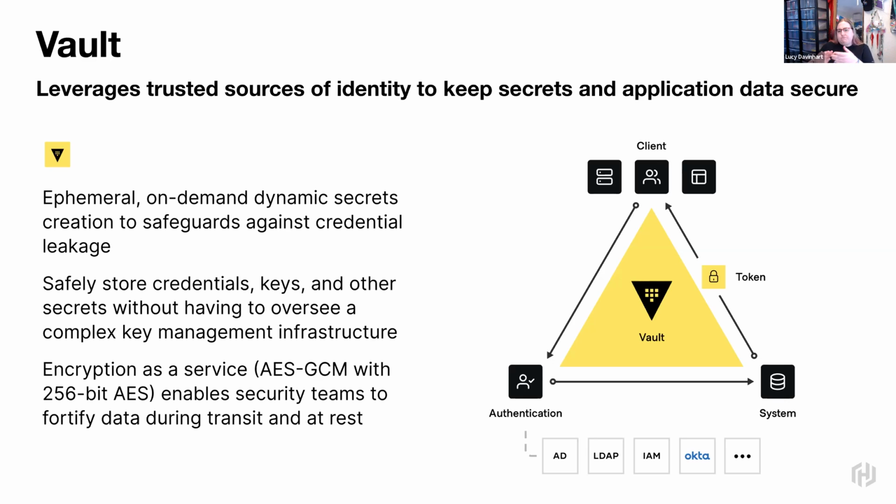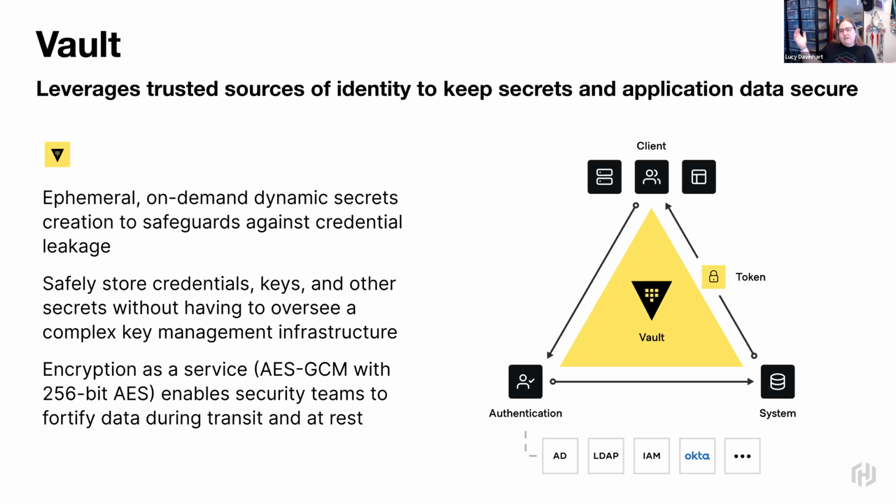So whilst you can use, of course, Vault to store static traditional secrets in its key value store, allowing operators to store and expose these static credentials to applications as needed, you can also go one step further and have Vault actually generate credentials on demand. We call this dynamic secrets. Things like database credentials, for example.